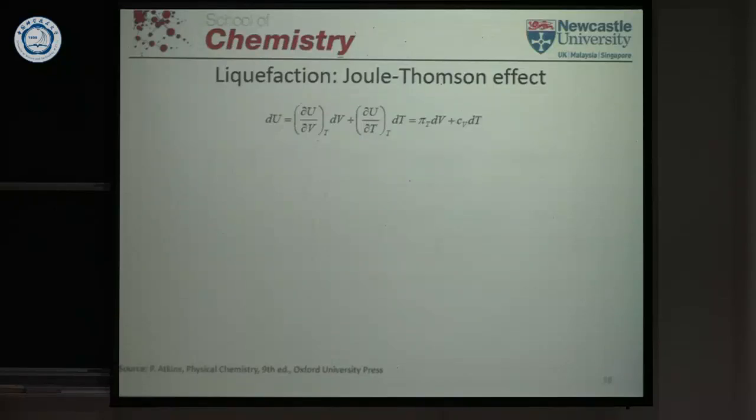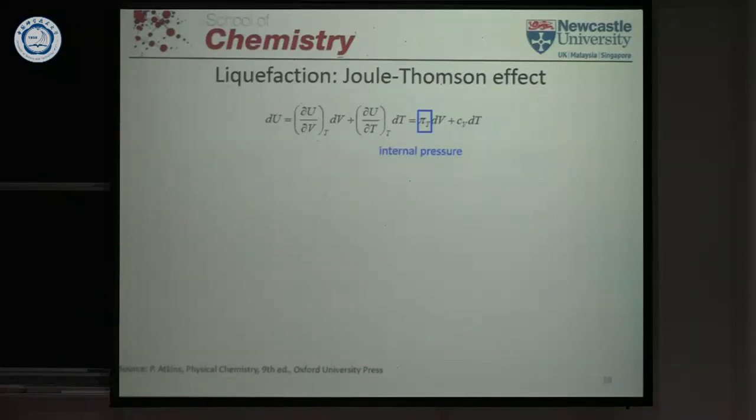You probably all have learned this in your thermodynamics course, to look at the inner energy of a gas, and see how the inner energy changes with volume and with temperature, and that gives you this relationship. And this internal pressure is an important part of this.